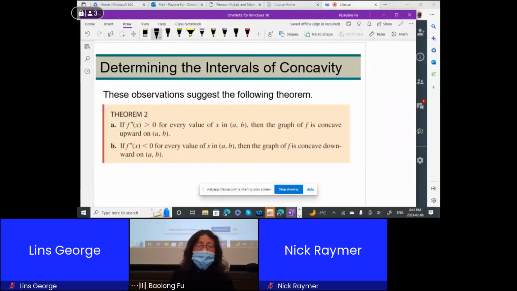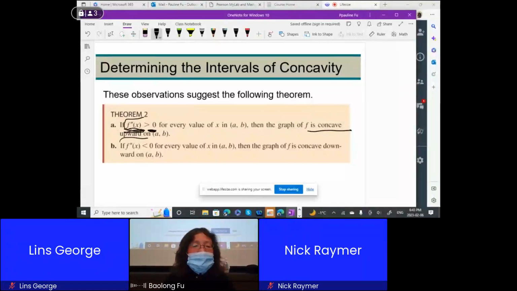Okay, now we use the second derivative. If the second derivative is positive, the graph is concave up. So how do we know it is concave up? Find the second derivative. Second derivative greater than 0, concave up.